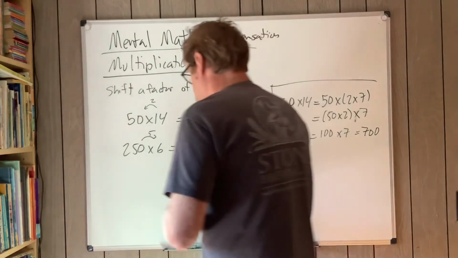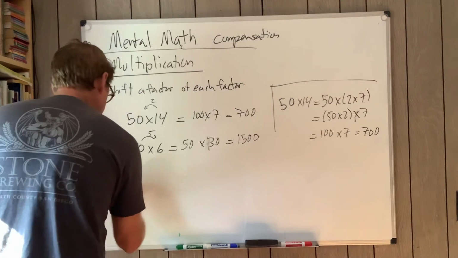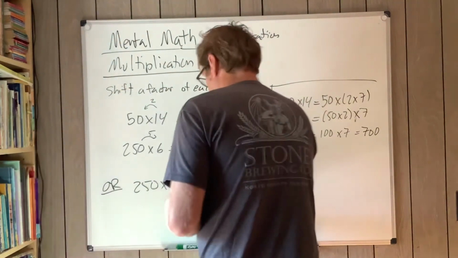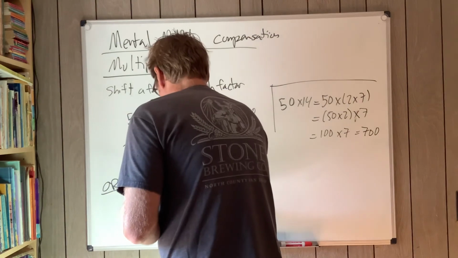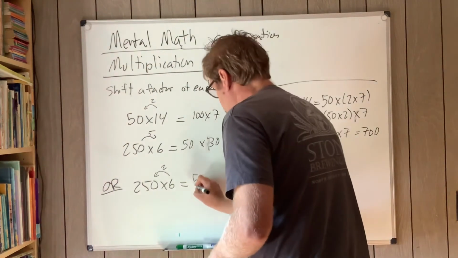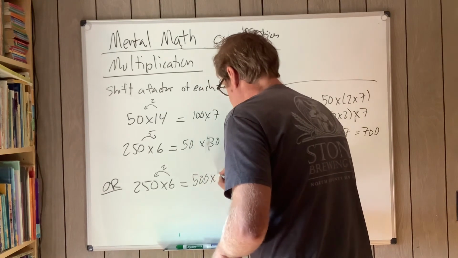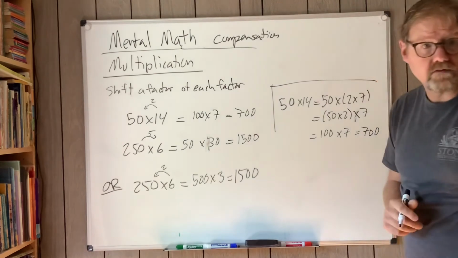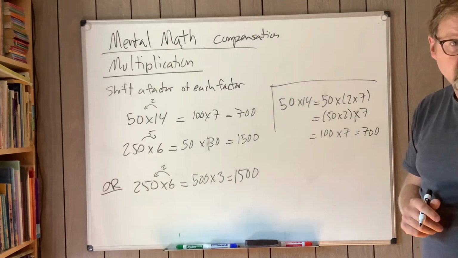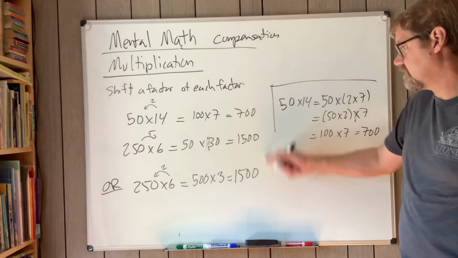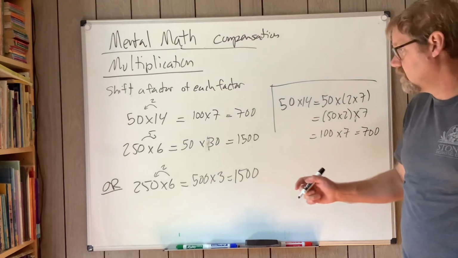Or one other way to do it would be if I move 2 there, I get 500 times 3, which is also 1,500. So that looks fine. And to me, I don't think there's any difference here.